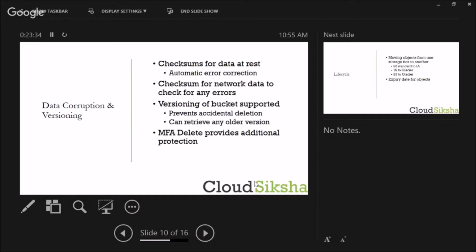Now, this multi-factor delete will ensure that you need one more authorization, two times authorization, to do the delete. Then versioning a bucket, you can turn on versioning. You cannot turn off versioning, you can disable versioning later on if you want. You can't say turn off, it's just disabled.